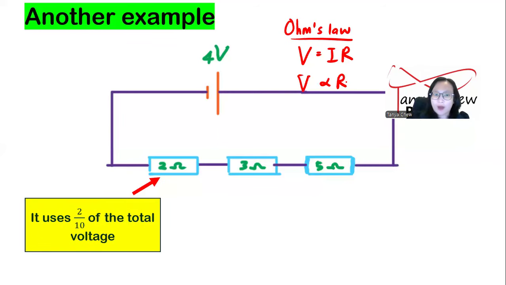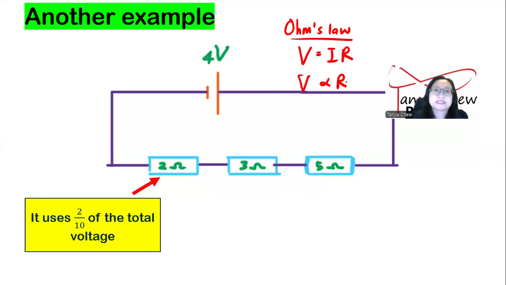When it crosses 2 ohm, it has already used 2 out of 10 of the total voltage. How do I know that? Because the smaller the resistance, the smaller the voltage needed. What is voltage or the potential difference again? The work done in pushing the charged particles, which in this case are electrons, to flow through the resistor.